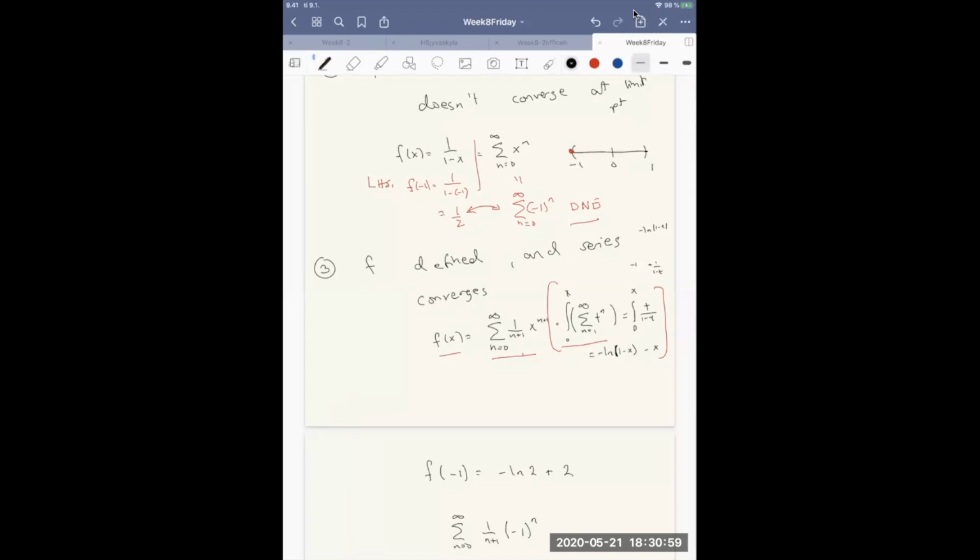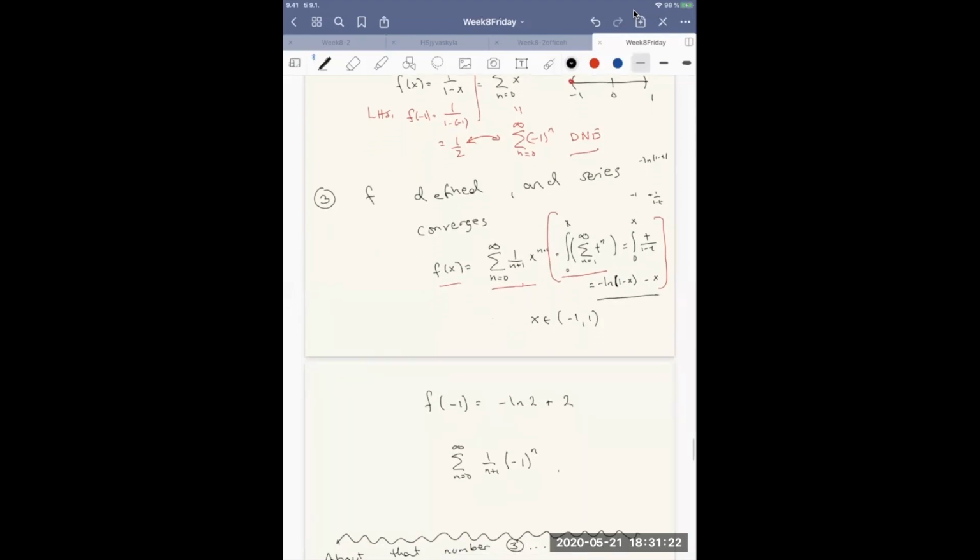If you express this as an integral of a certain function, then after you justify this step by uniform convergence, you get minus ln(1 minus x) over x. This can all be justified as long as you stay within the interval minus 1, 1.